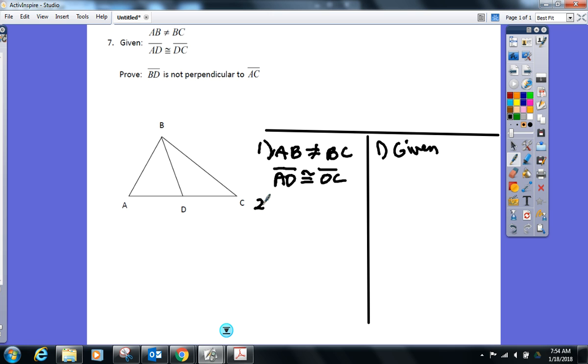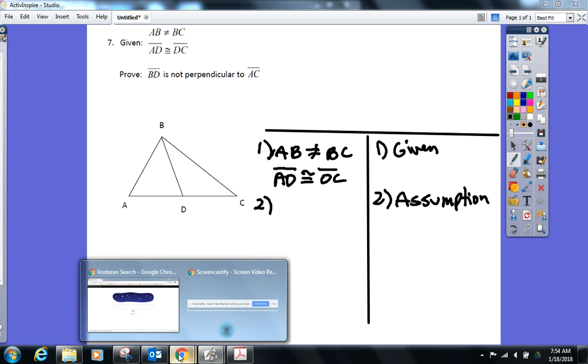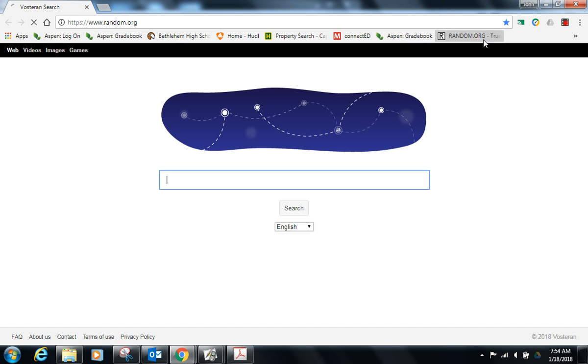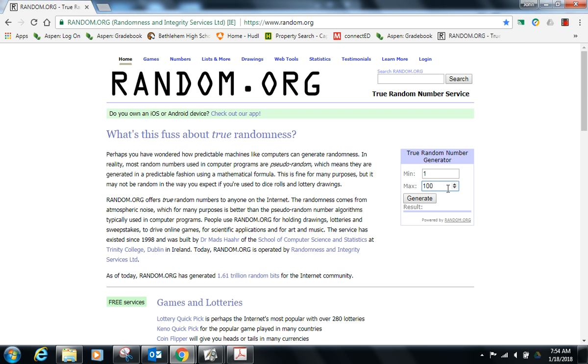Okay, we know at least in one of the two first steps, I have to have my assumption. I'm actually going to start calling on people today instead of just yelling out, because I got to know where you guys stand as far as this midterm goes. In this proof in particular, what's my assumption?